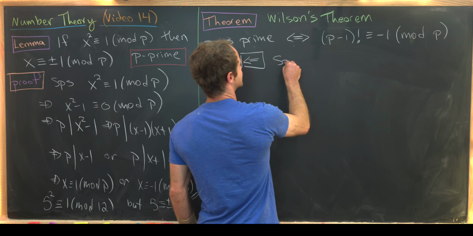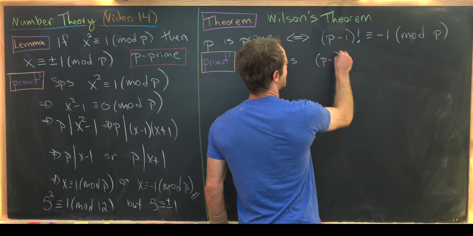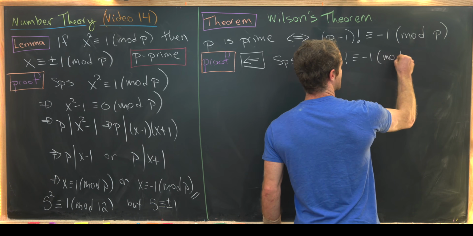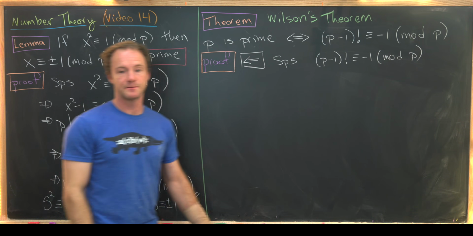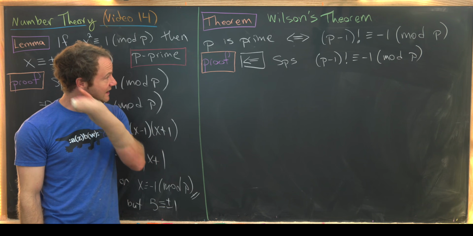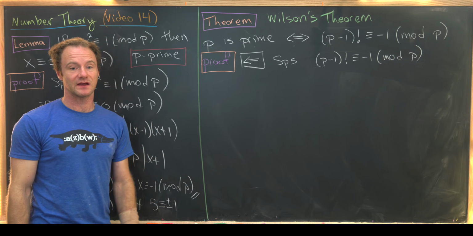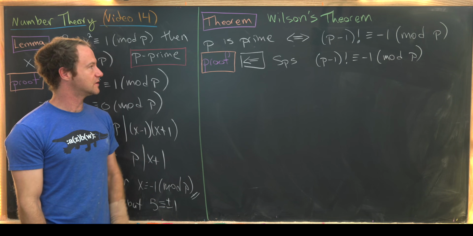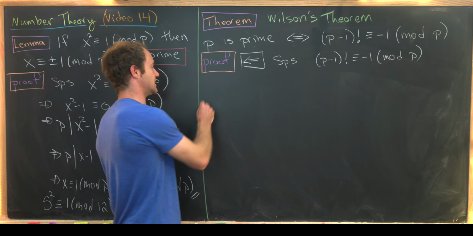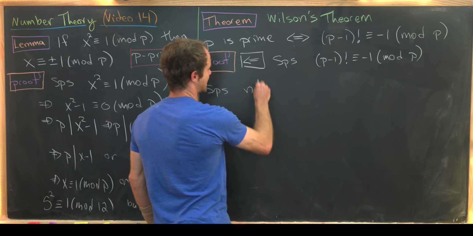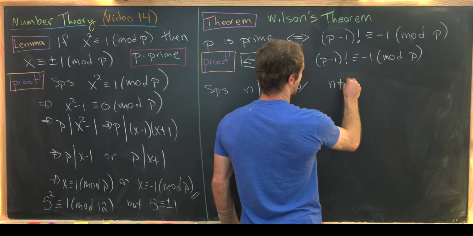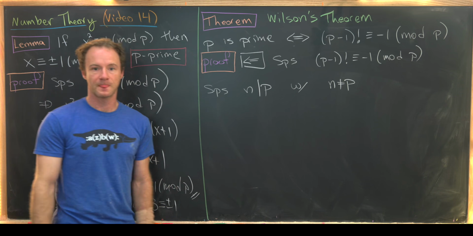We'll suppose that p minus 1 factorial is congruent to minus 1 modulo p, and we hopefully want to end up with p being prime. So how can we do that? Let's suppose that we've got a divisor of p, so n divides p with n not equal to p.